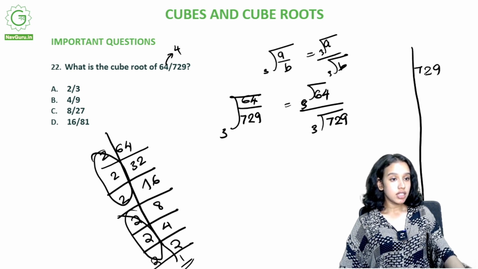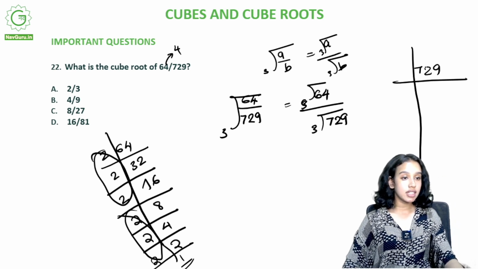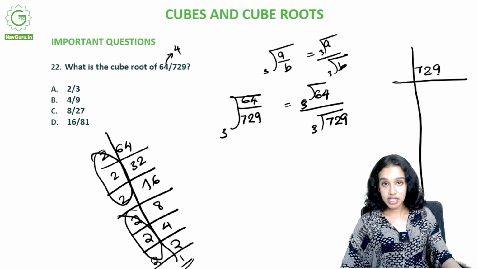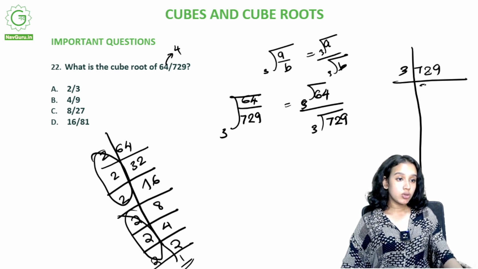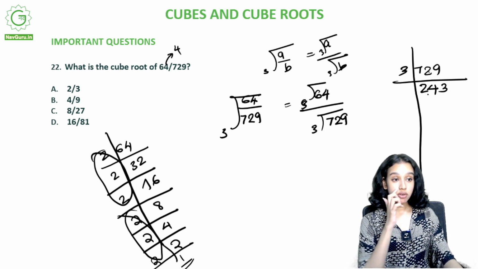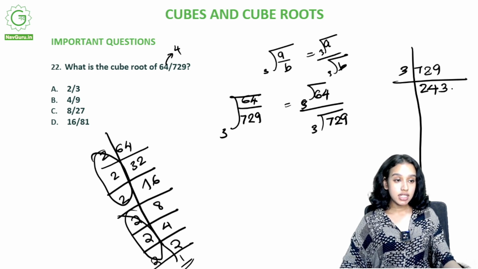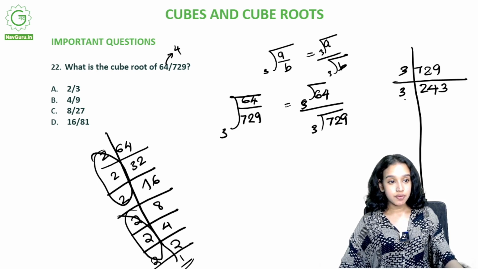And 729, let's do it. Now, is it divisible by 2? It's not. Is it divisible by 3? Let's see. 7 plus 2 is 9, 9 plus 9 is 18. So, it is divisible by 3. So, 3 times 243 is 729. Now, is 243 divisible by 3? 2 plus 4 is 6, 6 plus 3 is 9. So, it is divisible by 3. 3 times 81 is 243.